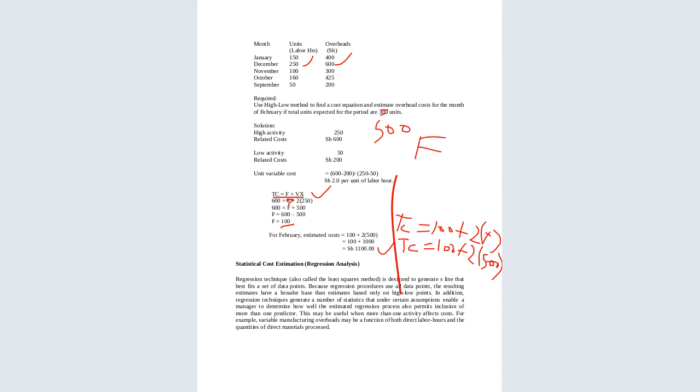The disadvantage of the high-low method is that it does not take into account all the values. It only considers the highest and the lowest values. That's the disadvantage of the high-low method. With regression we use all values, but with the high-low method, you only use the highest and the lowest to determine our cost estimation function.